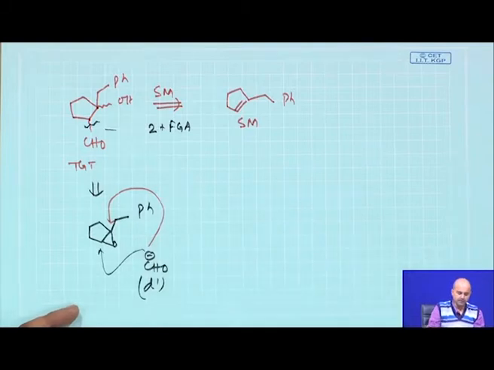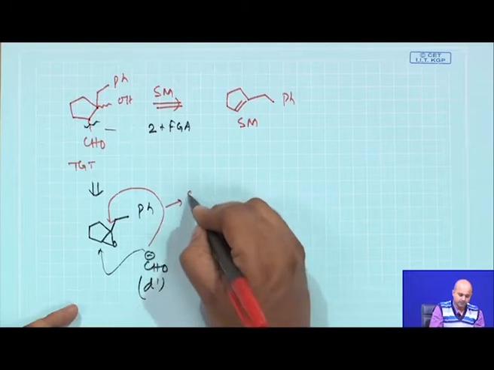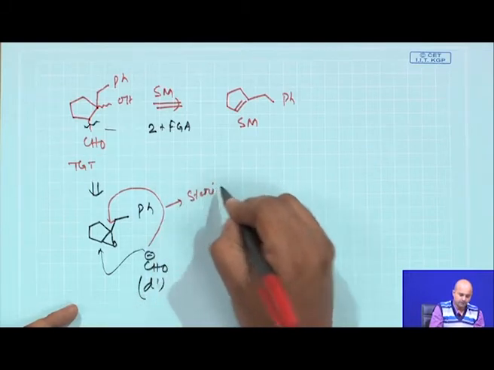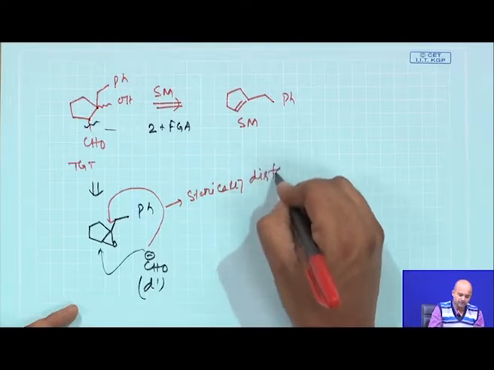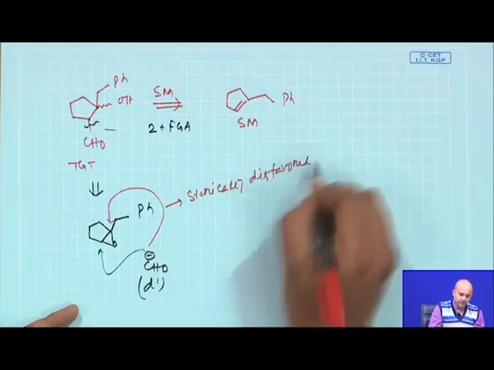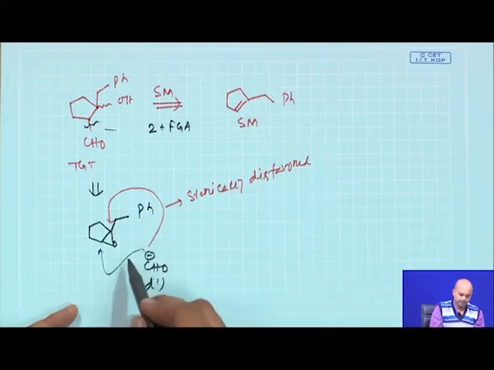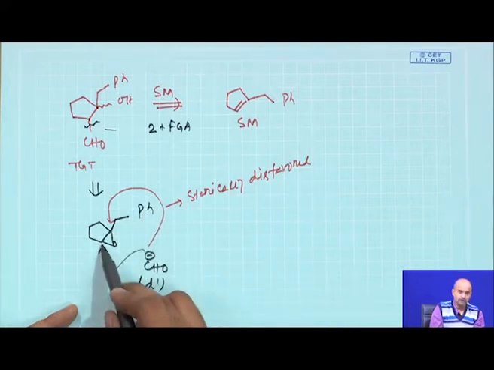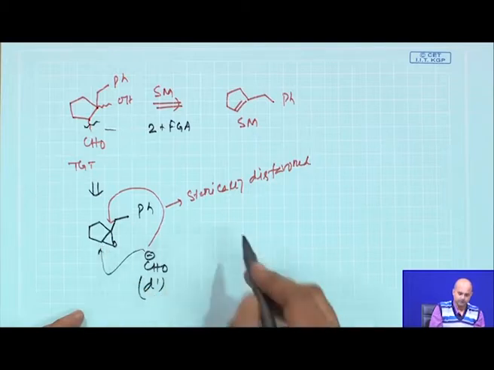Definitely the red path is sterically disfavored, because it has a bulky benzyl group on this carbon, but this carbon does not have any such steric crowding. So, epoxide opening is always preferred from the less hindered site.